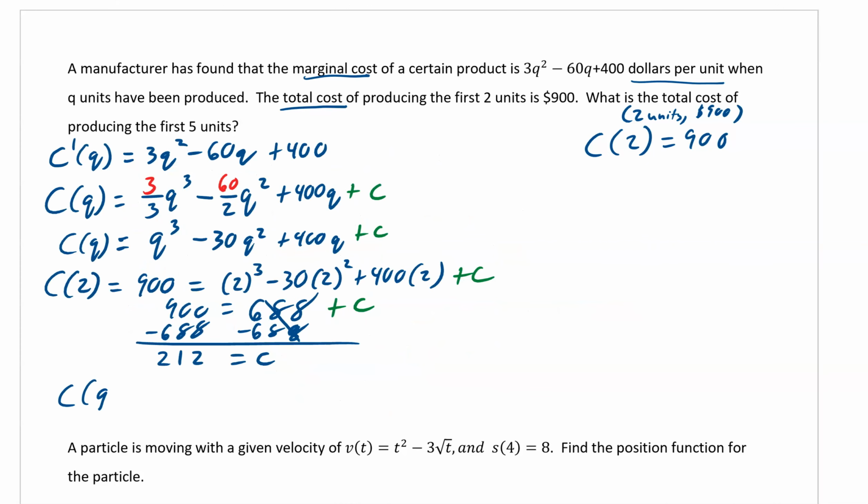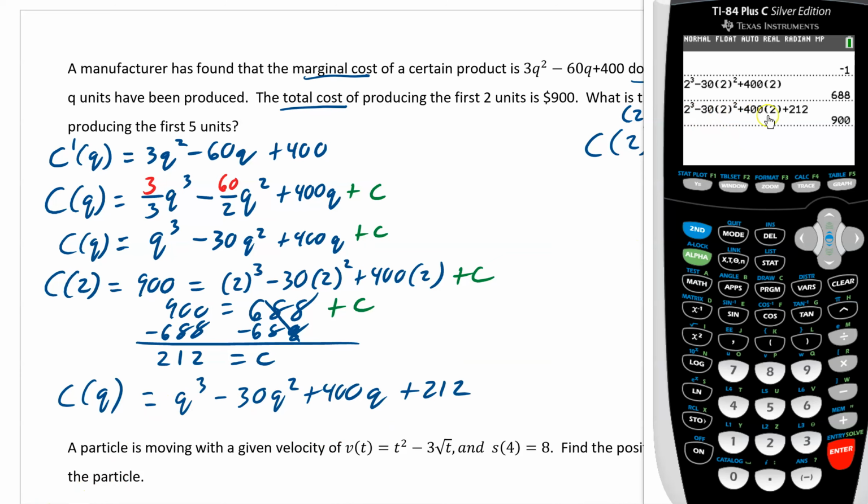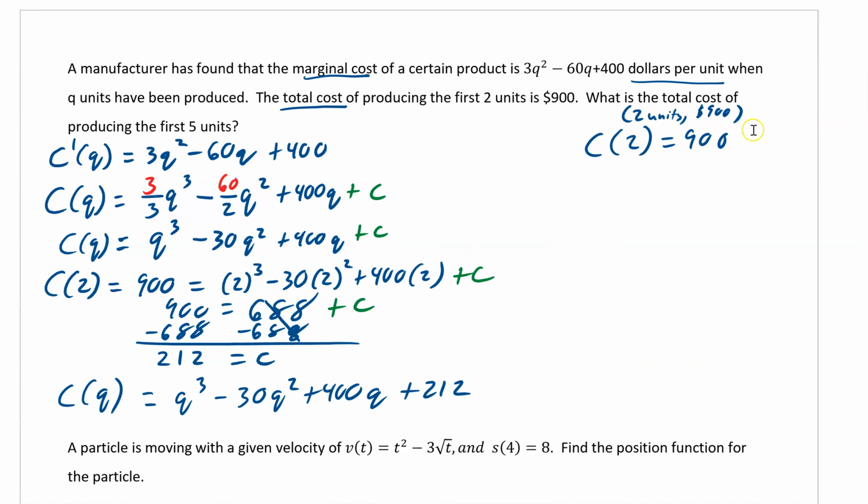So our C of Q is equal to Q cubed minus 30Q squared plus 400Q plus 212. And we already checked the derivative, so now we just have to make sure that that is correct. Plugging it in our calculator, it says it's 900. That checks perfectly. All right, now we can actually use it for what we're looking for. What is the total cost of producing the first 5 units?